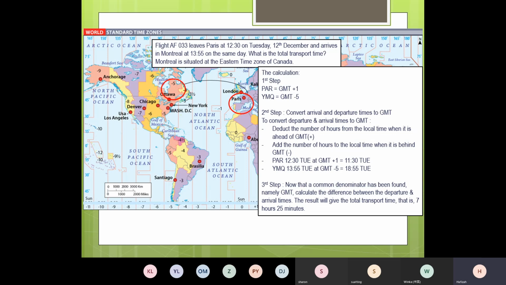This one, first you need to find the GMT, and after that you convert the arrival and departure time to GMT, so that both are in the same GMT, with no plus or minus GMT. So what you should do is deduct the number of hours from the local time when it is GMT plus, and add the number of hours to the local time when it's behind GMT.